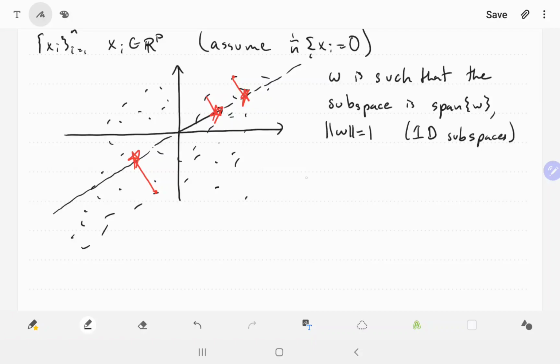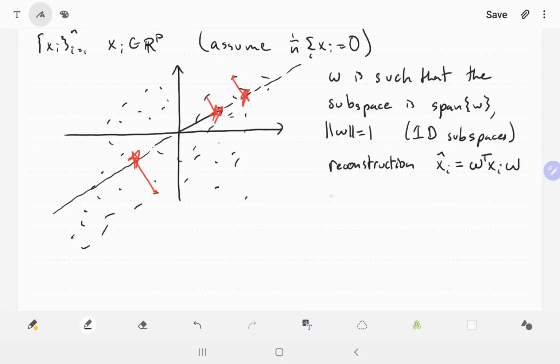Okay, now let's think about the reconstruction. How do we find this point? Well, we know that w is an orthonormal basis, and so we can find the reconstruction of xi, which we'll call xi hat, equal to w transpose xi times w. That's just our projection of xi onto the subspace spanned by w.